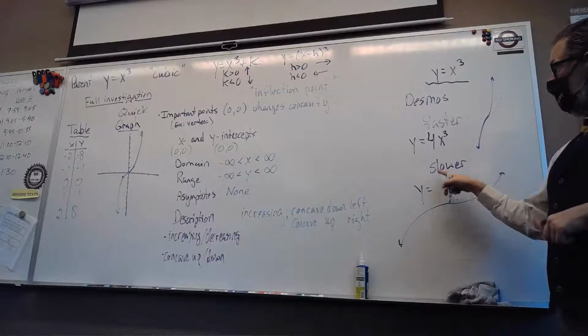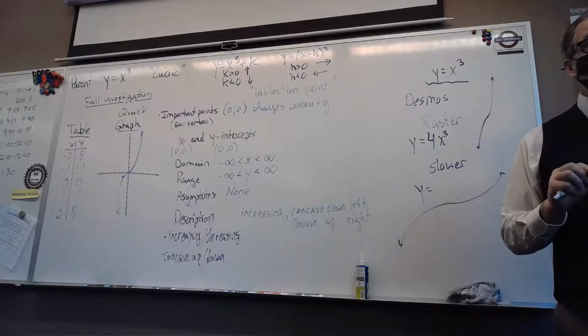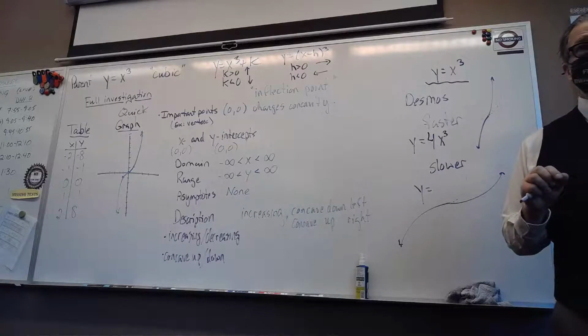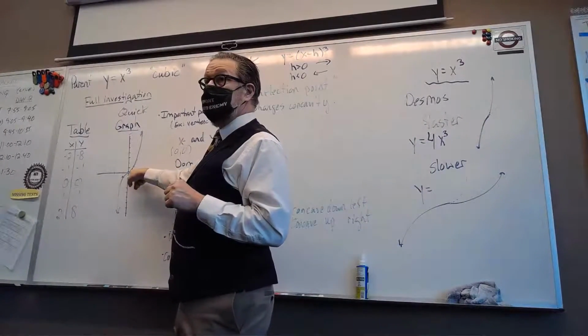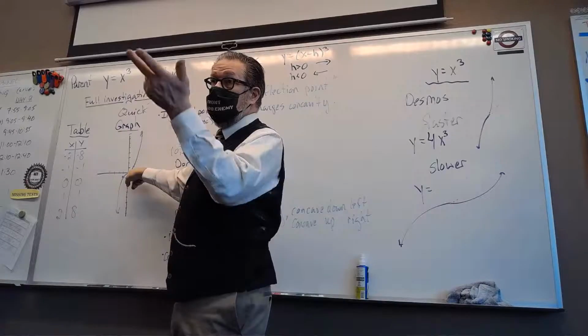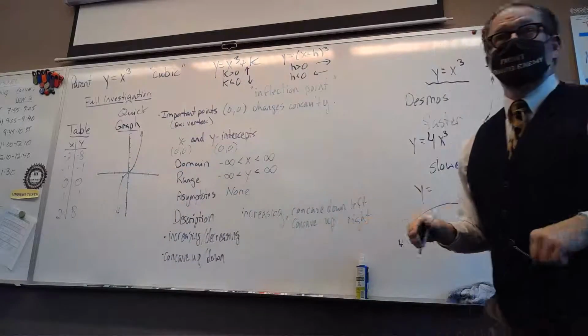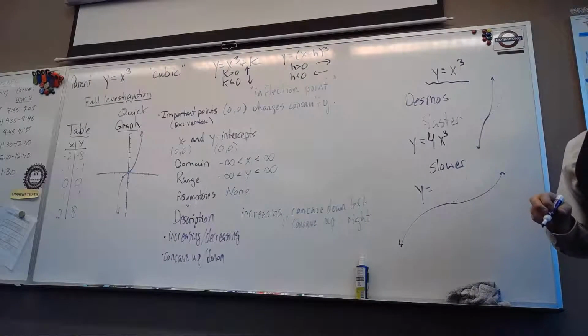What number could I put in front that would make this not go up as quickly? Instead of going up 1, I want to go up something less than 1, right? What do I multiply it by to make the 1 be smaller? What could I multiply by that would make that 1 get smaller?